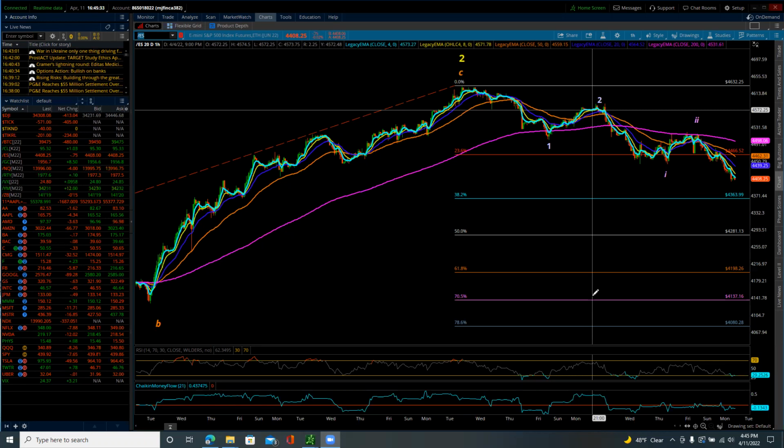They will continue to run in parallel with each other until I get stronger confirmation that what now is the alternate view, which would be that we still have upside to do to complete intermediate wave 2, is totally out of the picture. We're getting close to that level, but we're not quite there just yet.